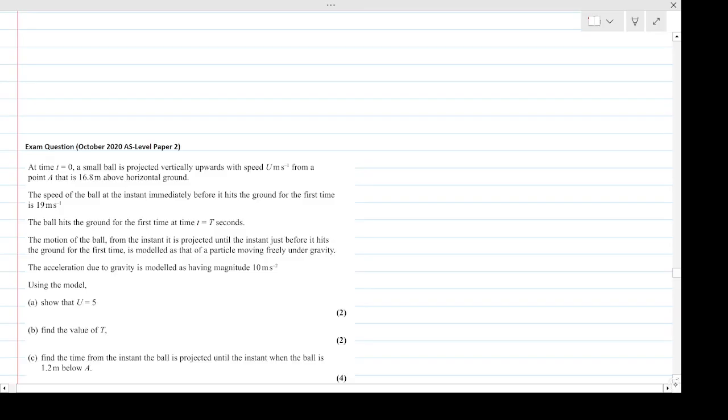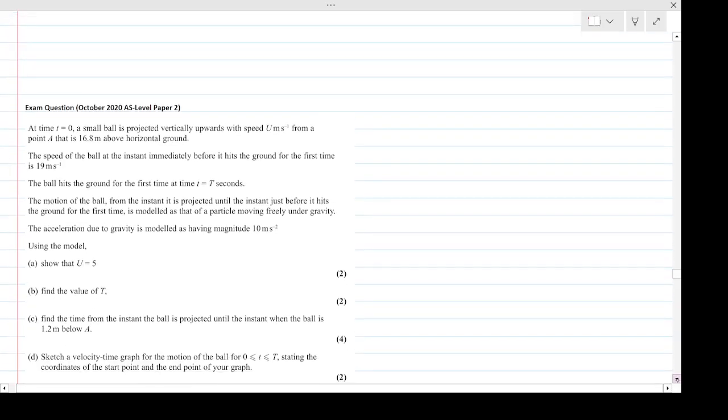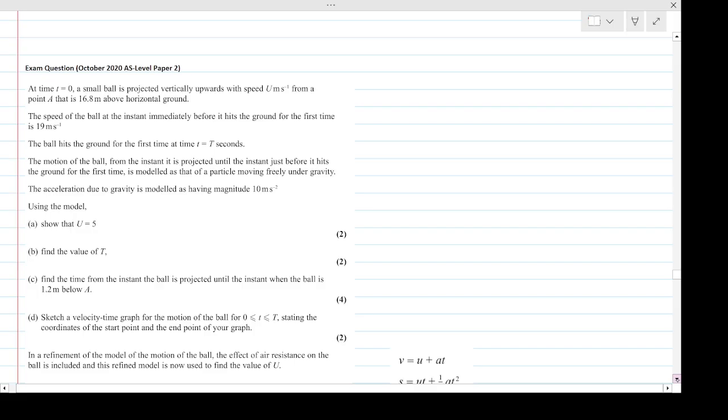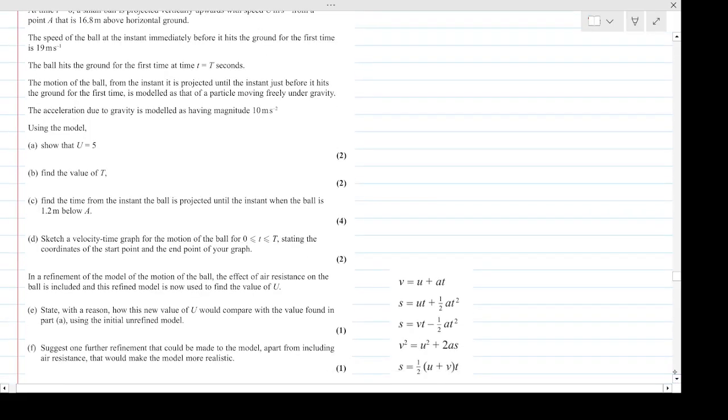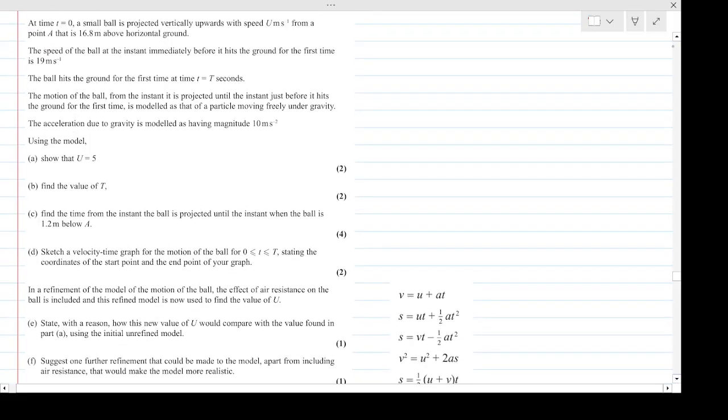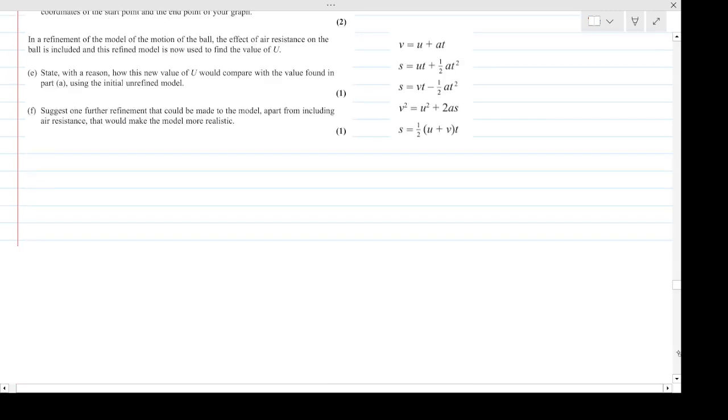Okay, so we've got this final exam question here. It's quite loaded. So here we are told at time t0, a small ball is projected upwards, so it's going up with speed u from a point A that's 16.8 meters above ground. Okay, so what I'm going to do is just sketch the scenario.